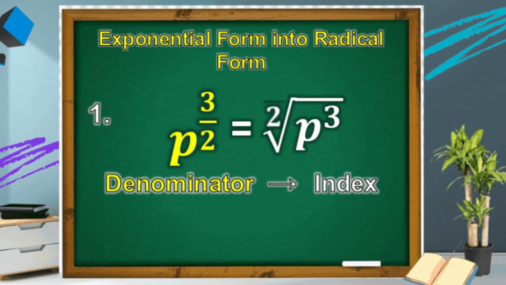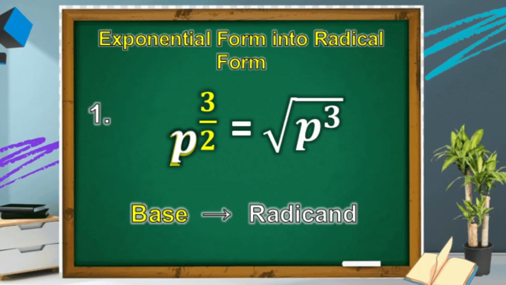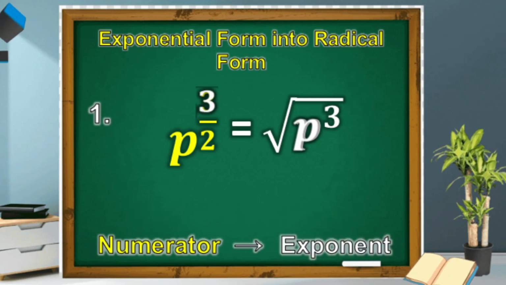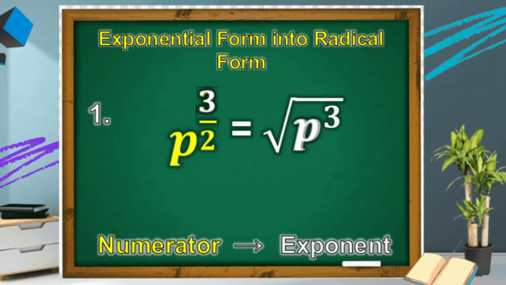Dahil 2 yung index, square root na lang yon. Imaginary na lang yung 2. And then, si base p, siya yung magiging radicand. And then, si numerator 3, siya yung magiging exponent of the radicand.